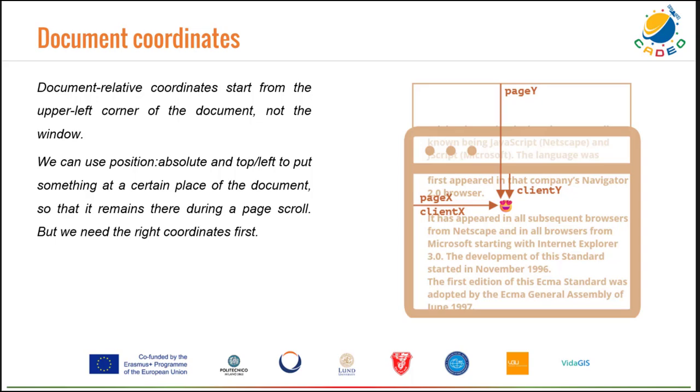There is no standard method to get the document coordinates of an element. The two coordinate systems are connected by these formulas: pageY equals clientY plus the height of the scrolled-out vertical part of the document. pageX equals clientX plus the width of the scrolled-out horizontal part of the document.